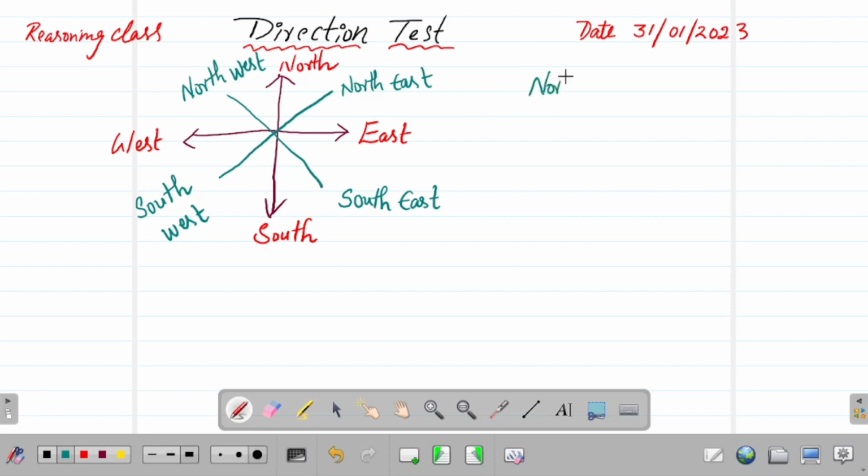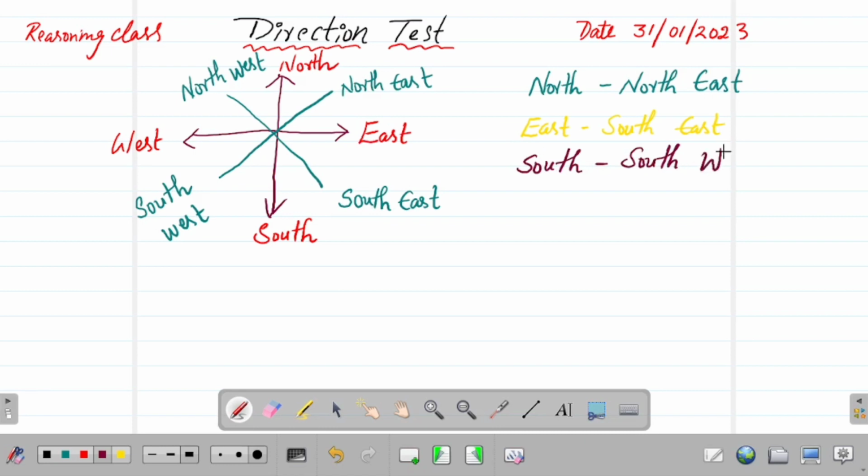North and northeast, east and southeast, south and southwest, west and northwest. So these are the total 8 directions.